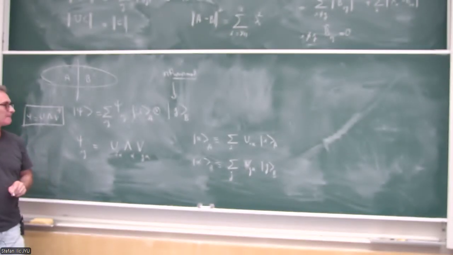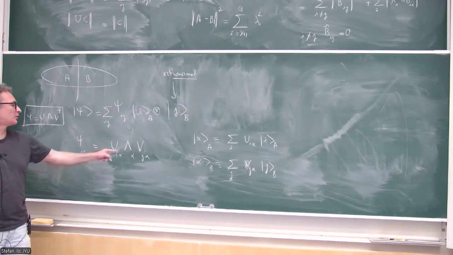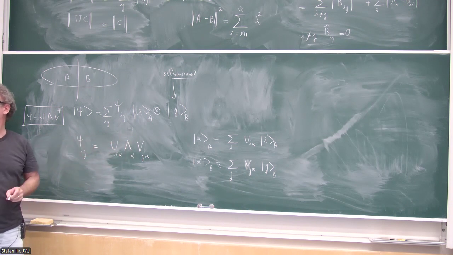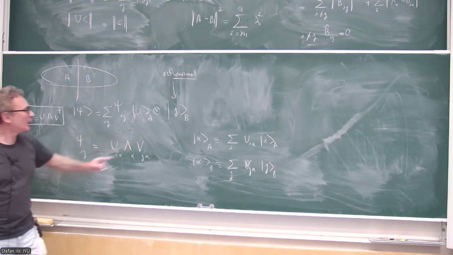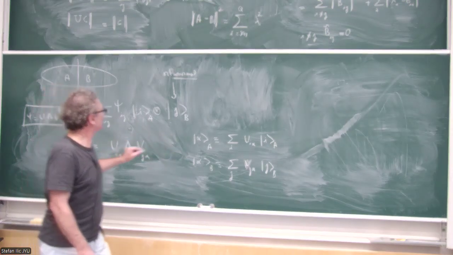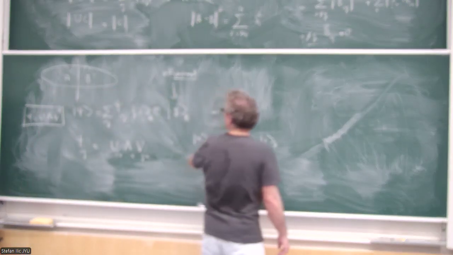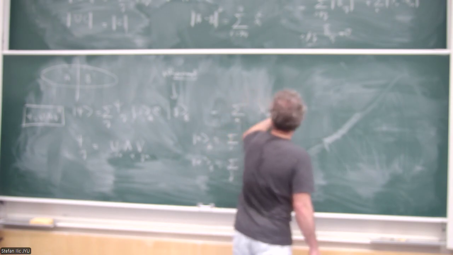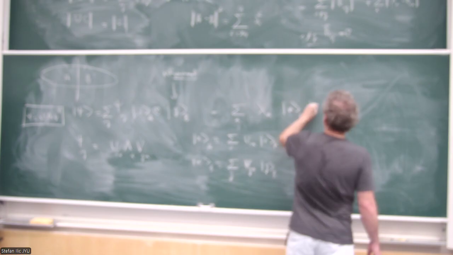Then let me write it like that, where V is a unitary matrix. Now, if I insert that into this definition, I get the sum over alpha of lambda alpha, alpha A, alpha B.